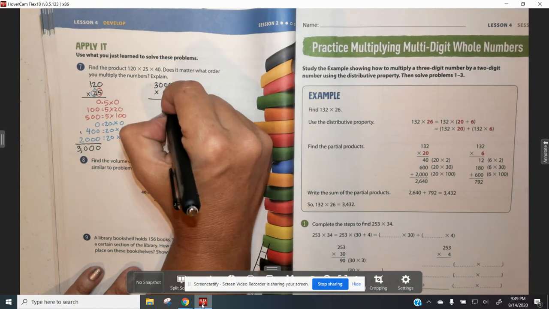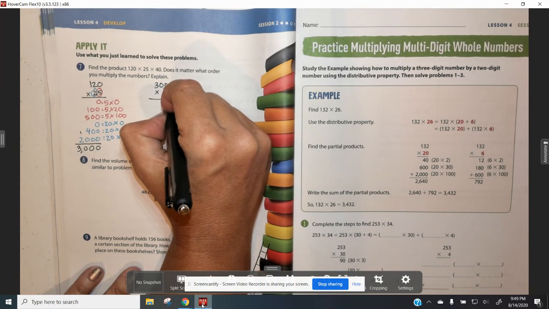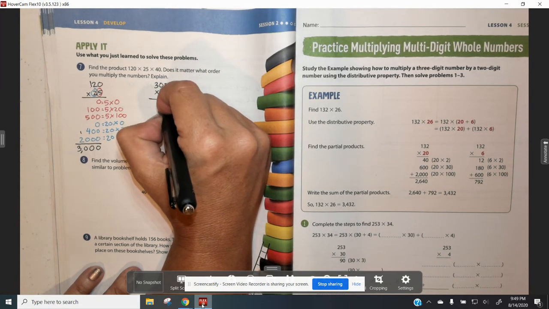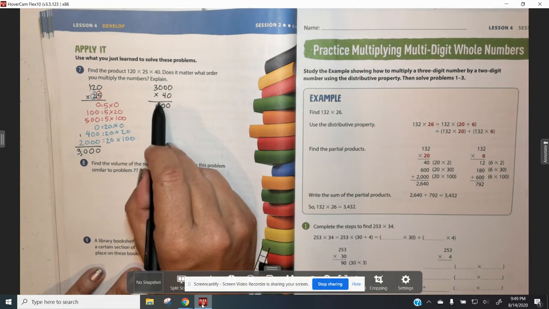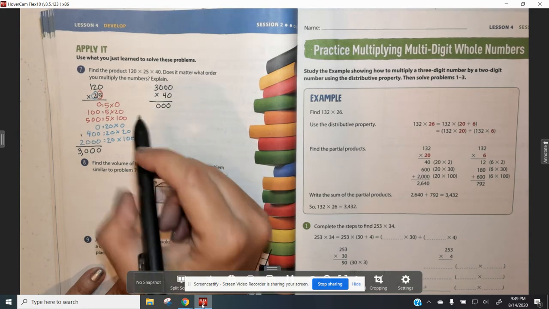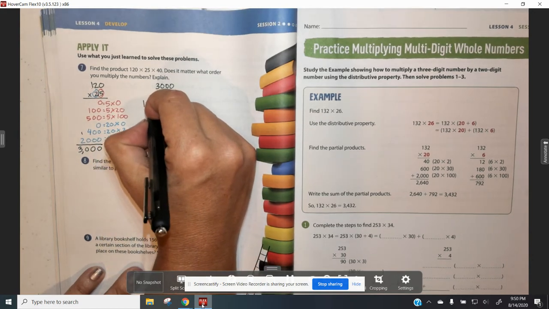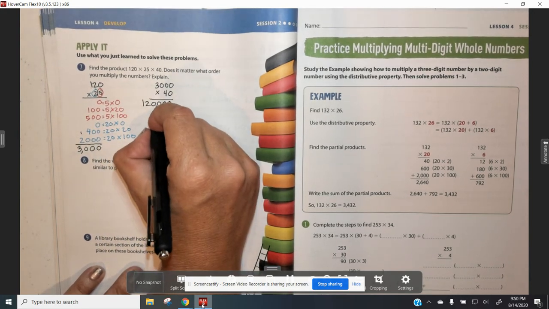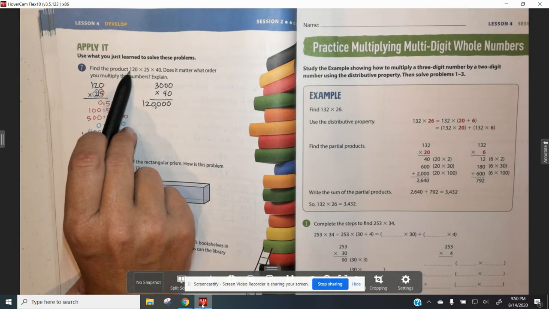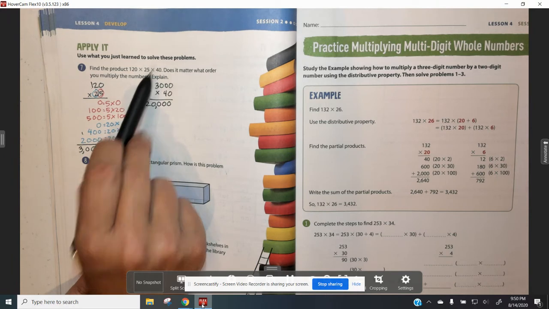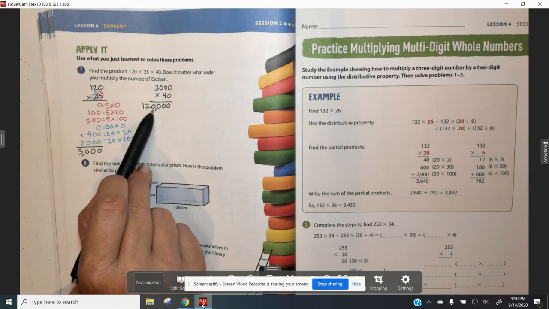Oh, I forgot to add my zeros though. So 40 times 0, 0. 40 times 3 is 120. And then I put in my comma. So the product of 120 times 25 times 40 is 120,000.